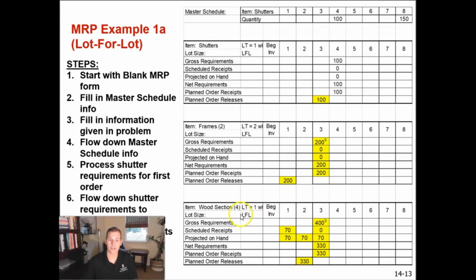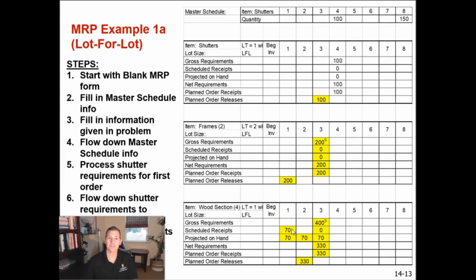Now we go down to the wood sections, which are 4 wood sections per 1 shutter. Your gross requirements are 100 shutters. So you're going to take 4 multiplied by 100, which gives you a gross requirement of 400. Your scheduled receipt of 70 wood sections is scheduled to arrive in week 1.